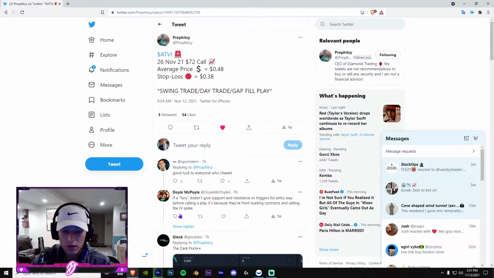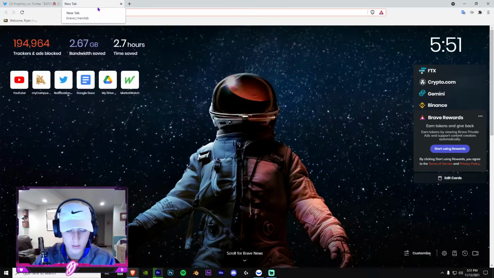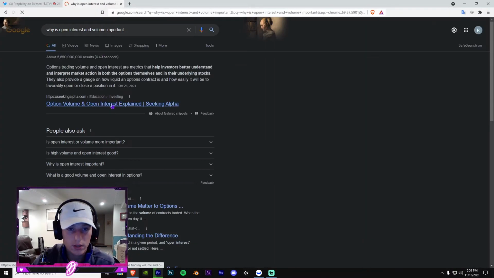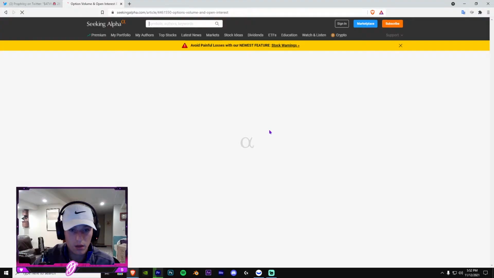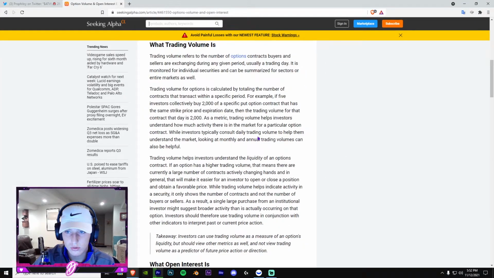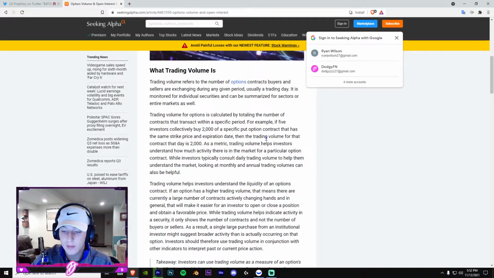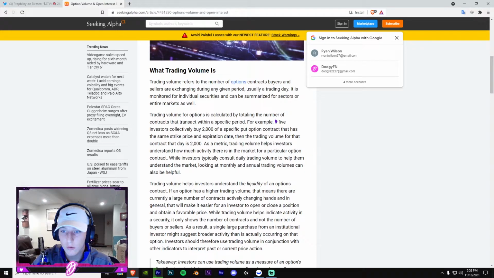And if we go to Twitter, and say, why is open interest and volume important? I bet it'll give us an answer on this site. All right, so also just so you guys know, volume is the number of contracts bought within a given period of time.